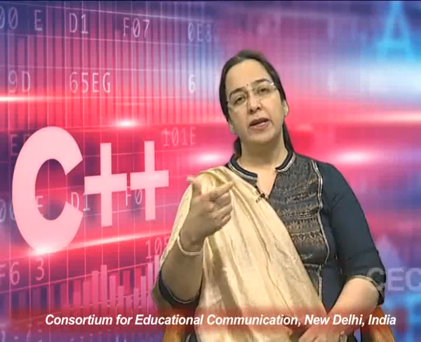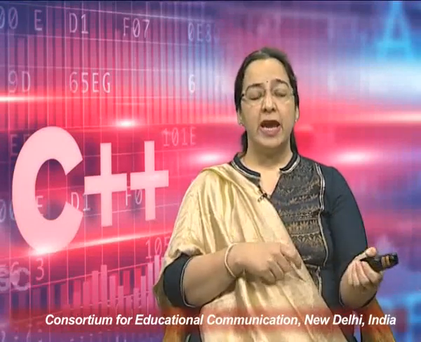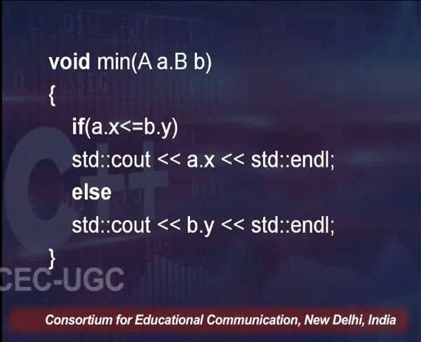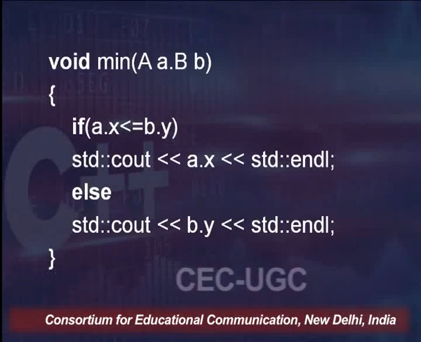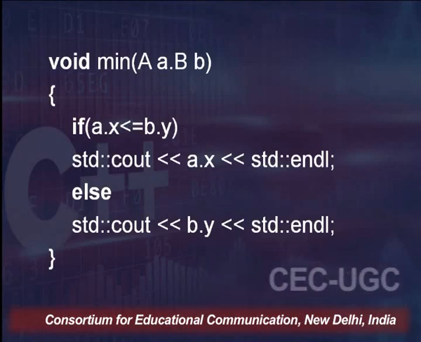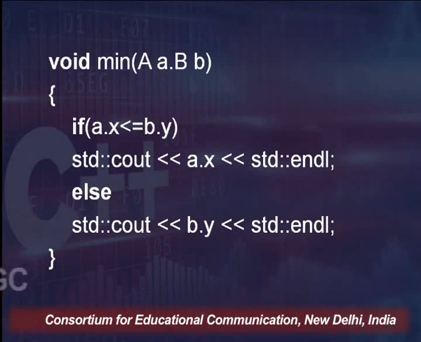Now, min is a friend to A, and also min is a friend to B as well. So, we have not used any scope resolution operator, as explained earlier. I have used void min. Small a is the object of class A, small b is the object of class B, and there should be a comma in between. Please consider this a typo, my apologies for this.